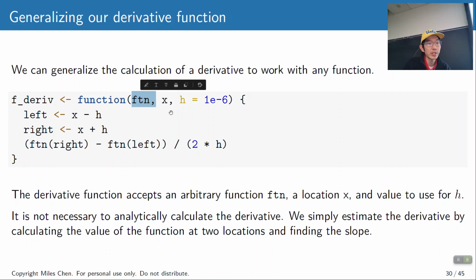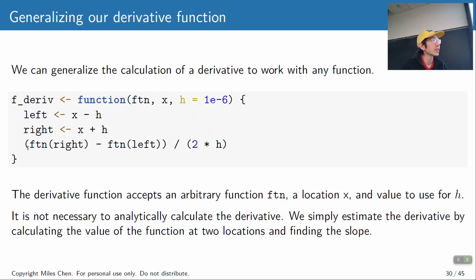We will take x, and a default value of h to be 10 to the minus 6, and the left side will be x minus h, the right side will be x plus h. Then, using the function we've provided, we calculate the value of the function on the right side and on the left side, and divide by 2h, okay? So we can plug in any arbitrary function, and this will approximate a derivative at some arbitrary location x. This is kind of a neat thing.